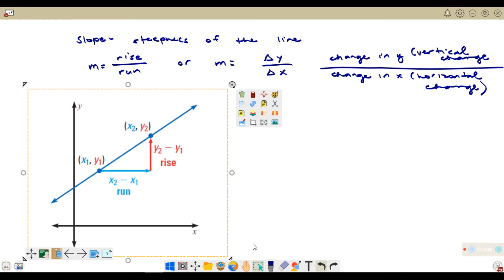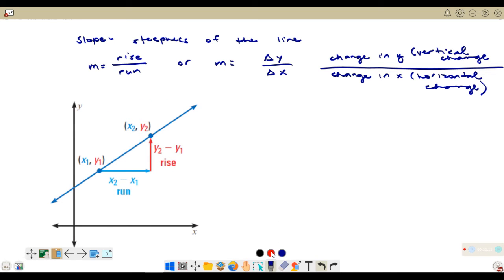So yung y sub 2 minus y sub 1 natin dito, which is the rise, ito yung vertical change. Paano siya naging vertical change? So, pagka sinabi nating vertical, patayo. So, ano yung naging change niya? Vertically. Tumaas ba siya? Bumaba ba siya? Or gaano kalayo yung itinaas niya, gaano kalayo yung ibinaba niya. Taas-baba lang pag vertical change.